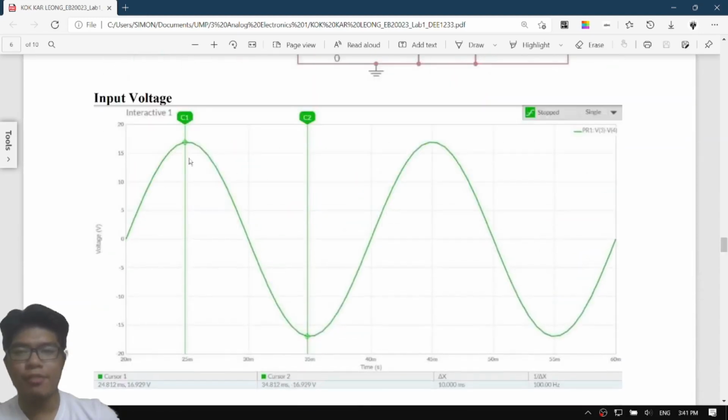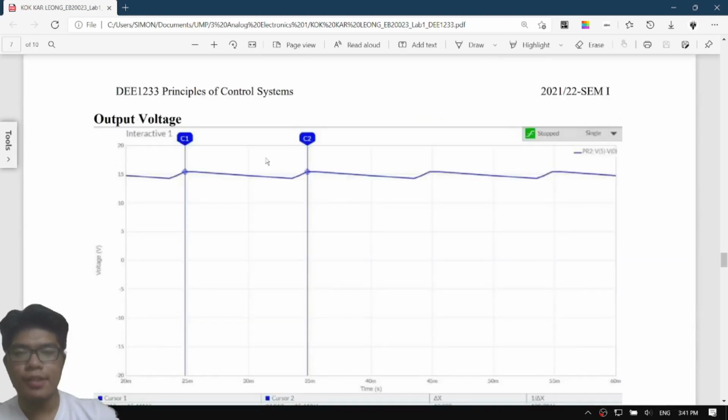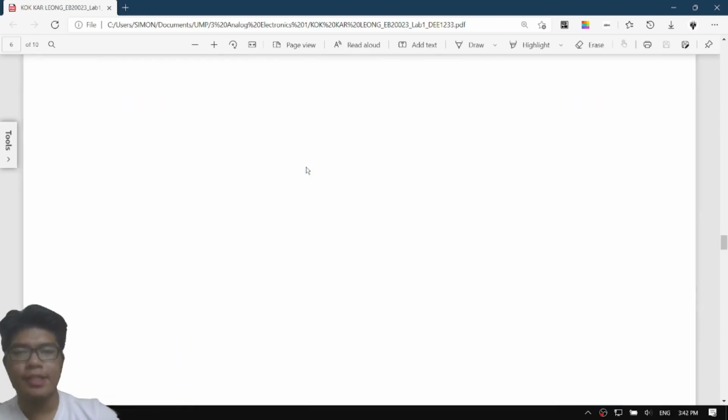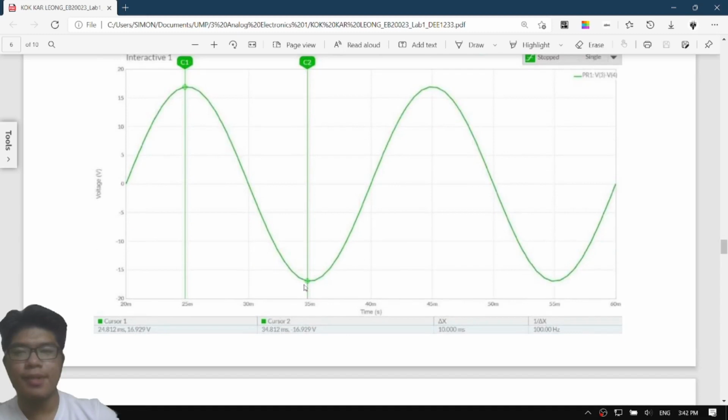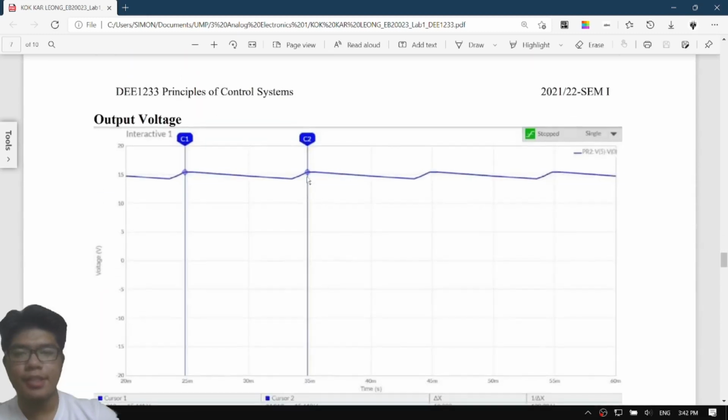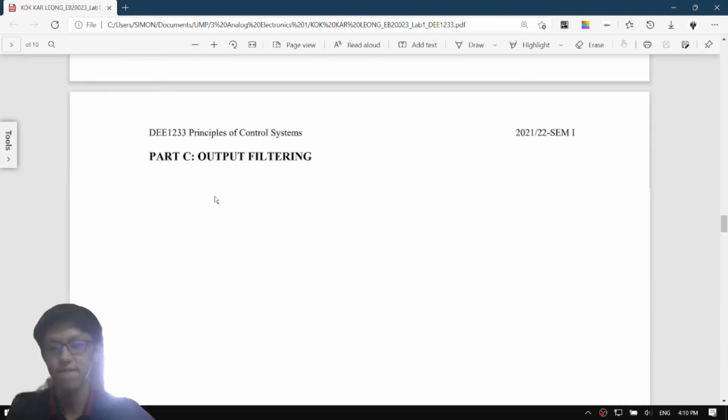And when the voltage rises to a point where the capacitor stops discharging, the output voltage rises again, and then the capacitor starts to charge again. And then after the peak voltage ends, it starts to drop, and then the capacitor starts to discharge again.